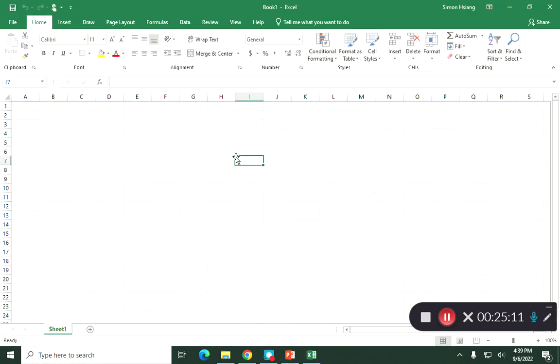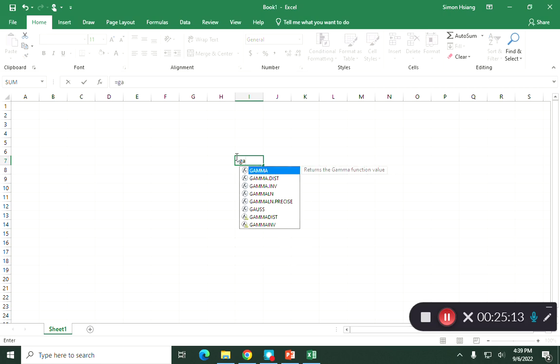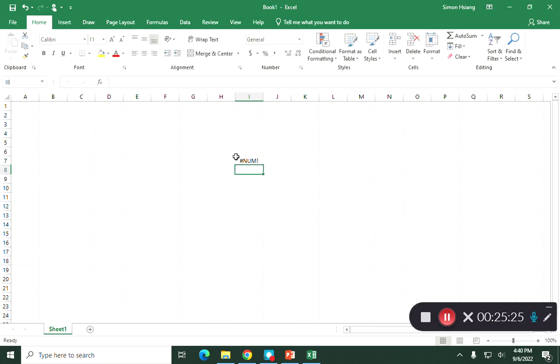For example, I think Excel can now do the gamma function. First things first, let's say gamma of 0. Oh, they don't allow me to use 0. Okay, gamma 1. Let me do this.